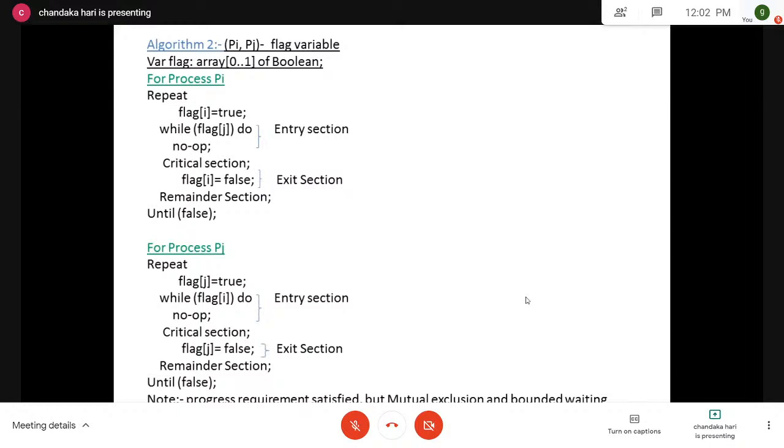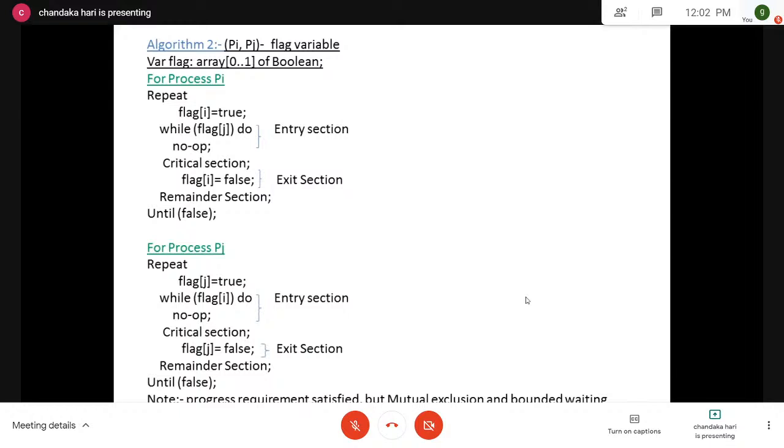Repeat: if process Pi wants to enter into the critical section, initially flag I becomes true. Then immediately process Pi checks whether flag J is already set before me. That is, priority is given to the process that is already trying to enter into the critical section.